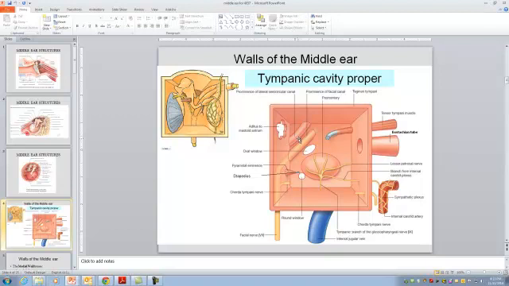And then in terms of the stuff that's around it, you want to keep in mind things like the carotid artery, the jugular vein. Again, the seventh nerve runs right around there, because these are important structures. And if they get infected through the spread of infection from the middle ear space, then you really have problems.